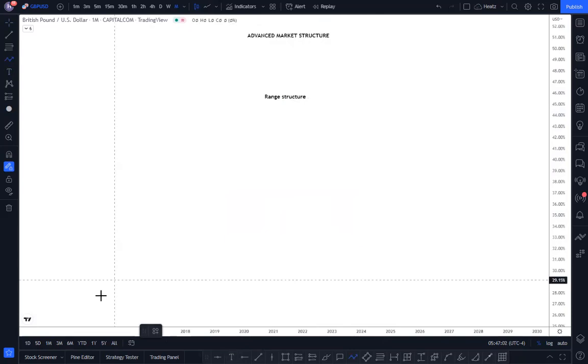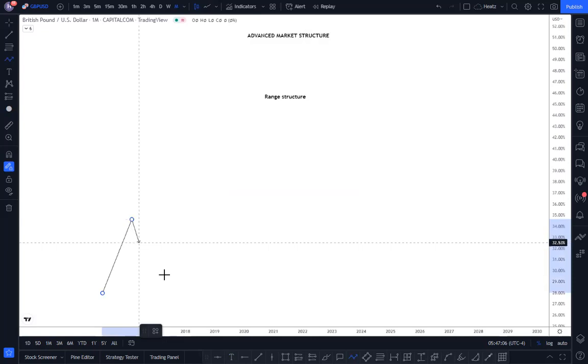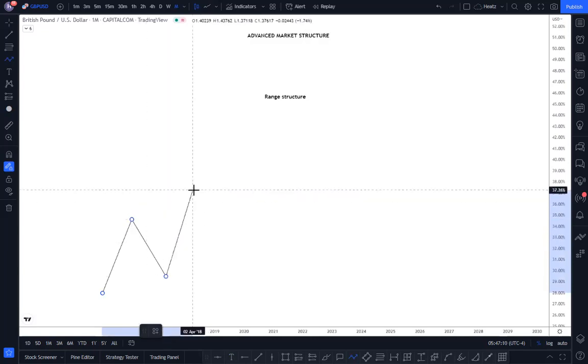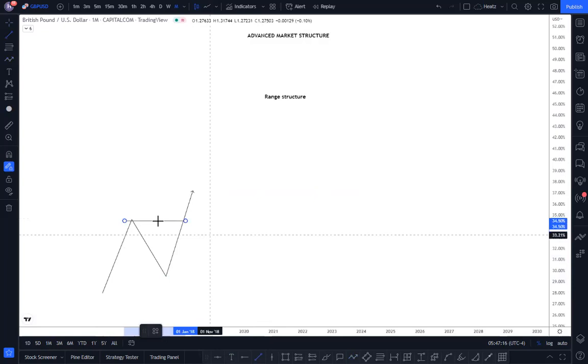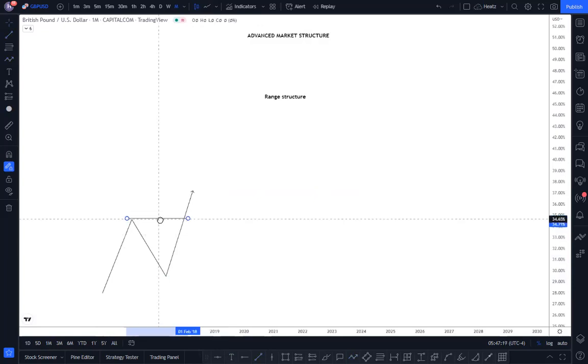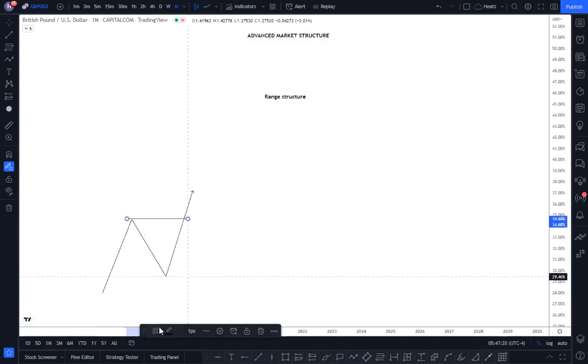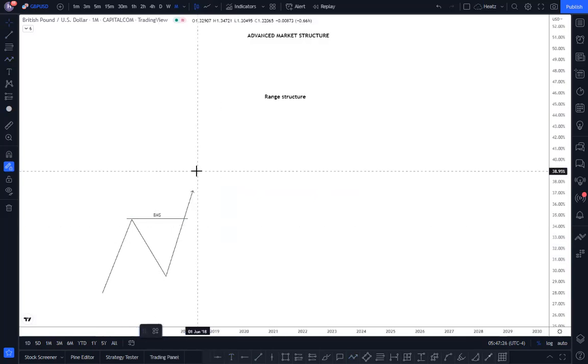In a bullish scenario, price makes a higher low. As soon as price takes this off, we have a BMS to the upside. Now, this BMS is indicating that price is bullish.